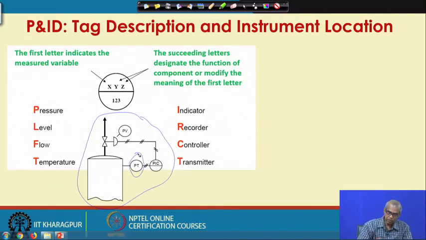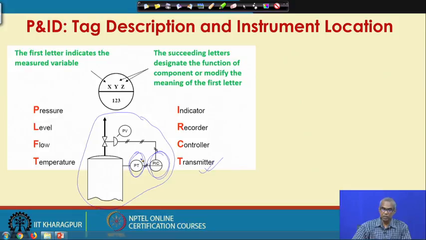In this example, the second letter is T. So, it means it is a transmitter. Here there are three letters. The first letter is the measured variable. So, it is P, it means pressure. Second, I, means indicator. Third, C, means controller.